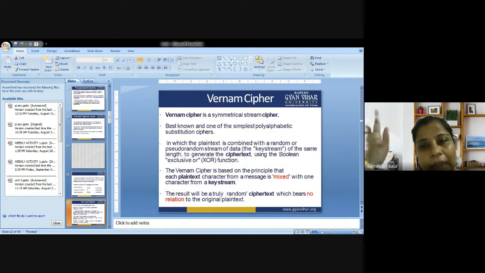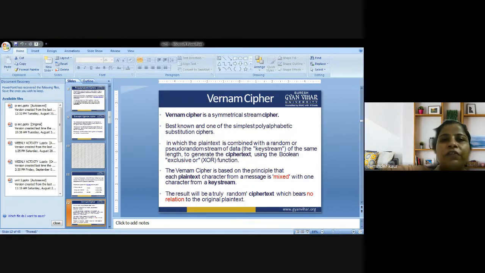In that case, how are we going to arrange the letters? Whatever text is given to us, we will be arranging it row wise. In the first row there could be the first letter, in the second row and second column there will be the second letter, in the third row and third column the third, so we arrange the text diagonally.